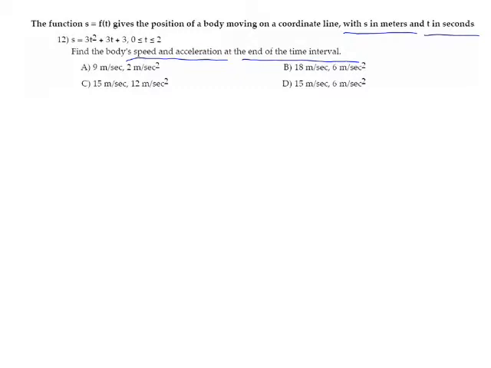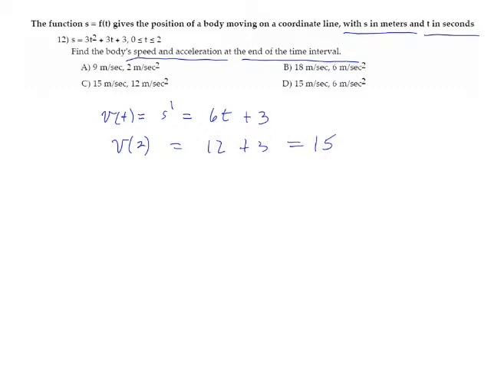Well, the velocity as a function of time is equal to s prime, first derivative, and that would be 6t plus 3. And at the end of the time interval, the velocity at t equal 2 is 12 plus 3 equal 15.